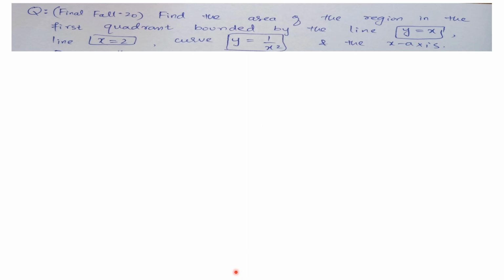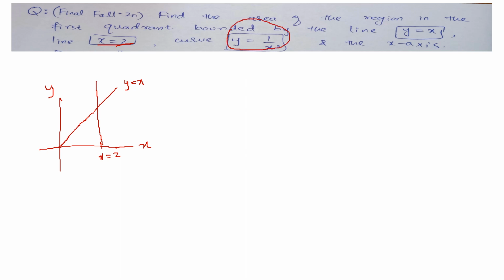First let's sketch the region on the xy plane. The first part is the line y equals x. This is y equals x in the first quadrant, and the next part is the line x equals 2. The line x equals 2 lies somewhere here. This is the line, and the curve. The next bound is the curve y equals 1 over x squared.